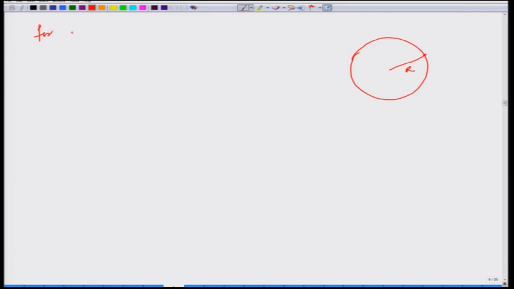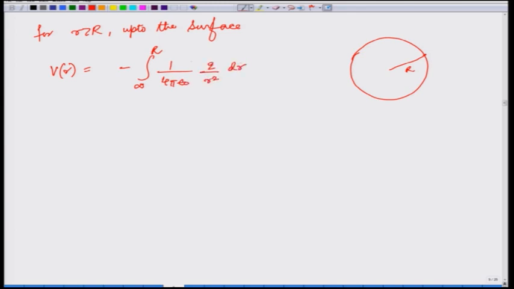Let us say for r greater than R, up to the surface, V of r will be minus integral from infinity to r of 1 by 4 pi epsilon naught q by r square dr. This is my electric field E dot dr, and my dr is also radially outwards, my field is always radially outwards. So, the dot product will give me just this, and this is a very straightforward formula you can calculate. This will be q by 4 pi epsilon naught r.